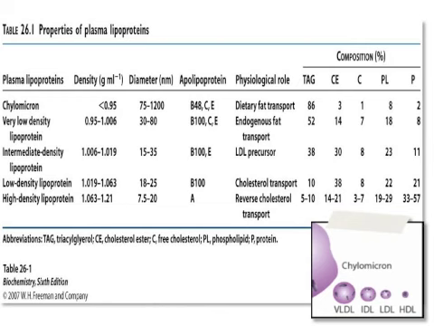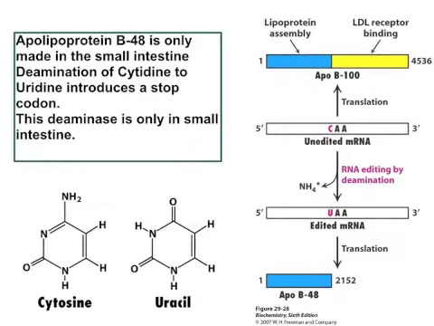I hope this helps. So why is it that chylomicrons, which are formed in the small intestines, have a different apolipoprotein B than those lipoprotein particles that are constructed in the liver? The small intestine contains an enzyme, a deaminase, that removes the amino group in cytosine to form uracil.